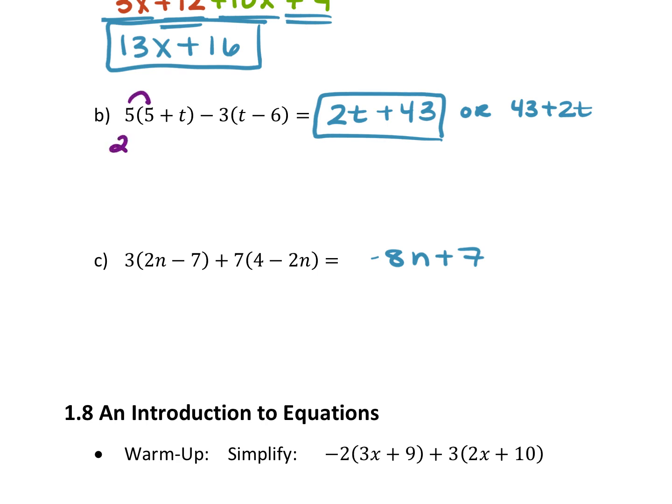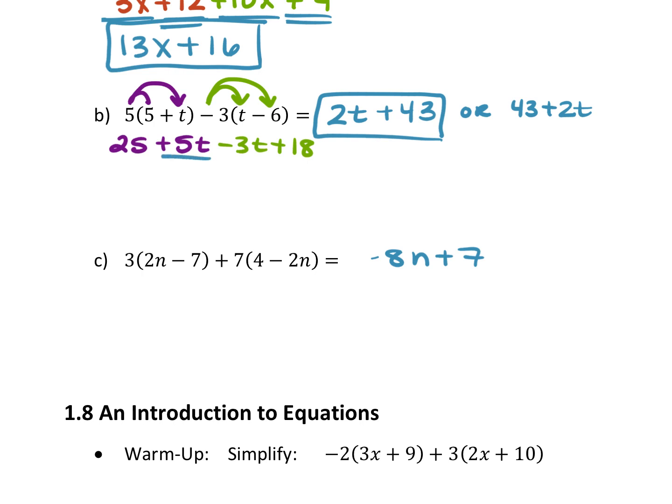5 times 5 is 25, plus 5 times t is 5t. Okay, now you're distributing a negative. Negative 3t. And negative 3 times negative 6 is a positive 18, right? A negative times a negative is a positive. That's what we did on Friday, guys. Then you combine like terms.